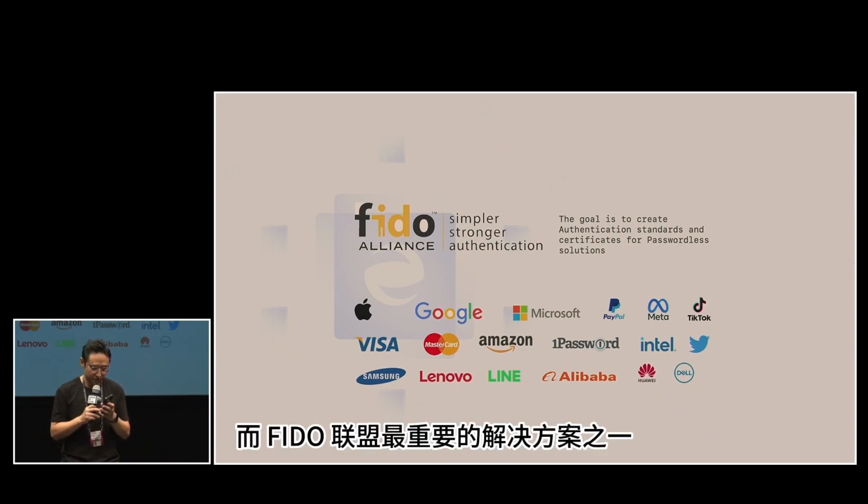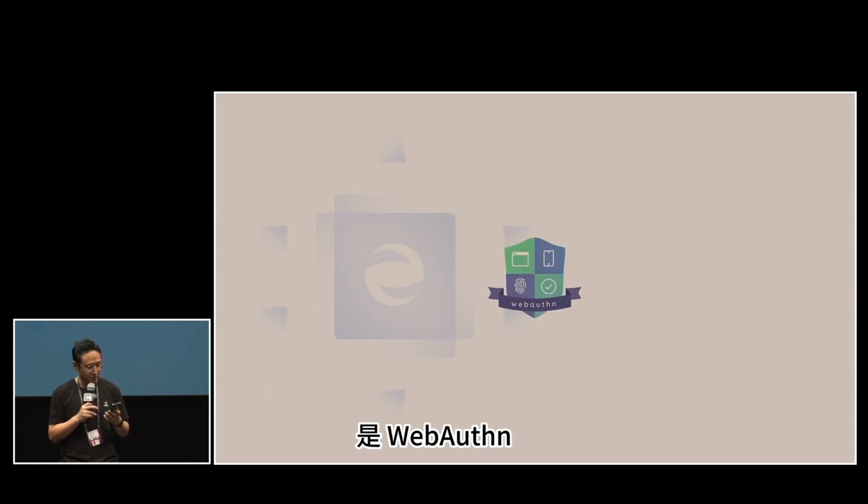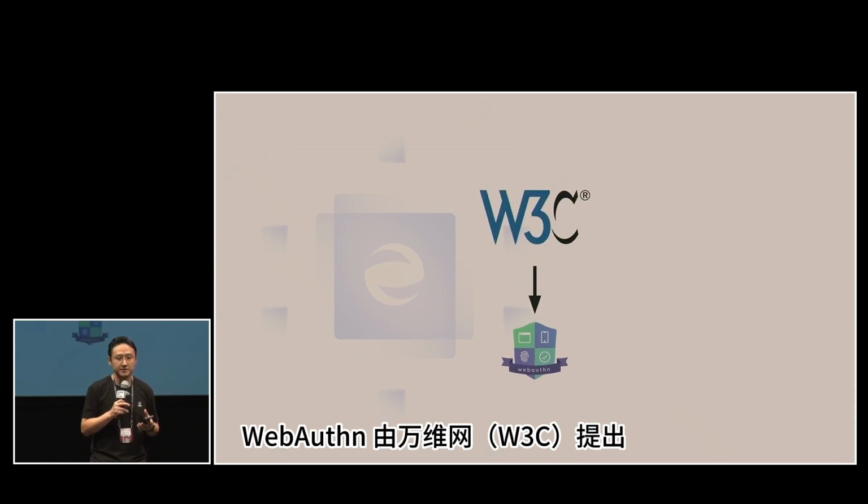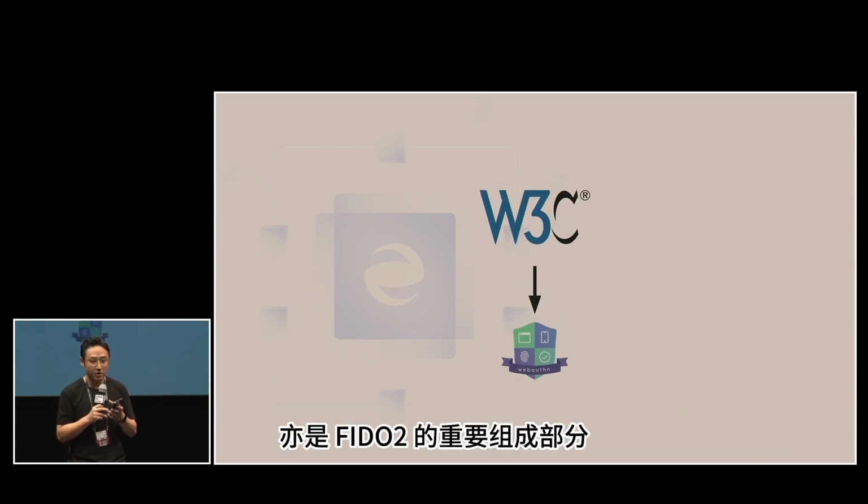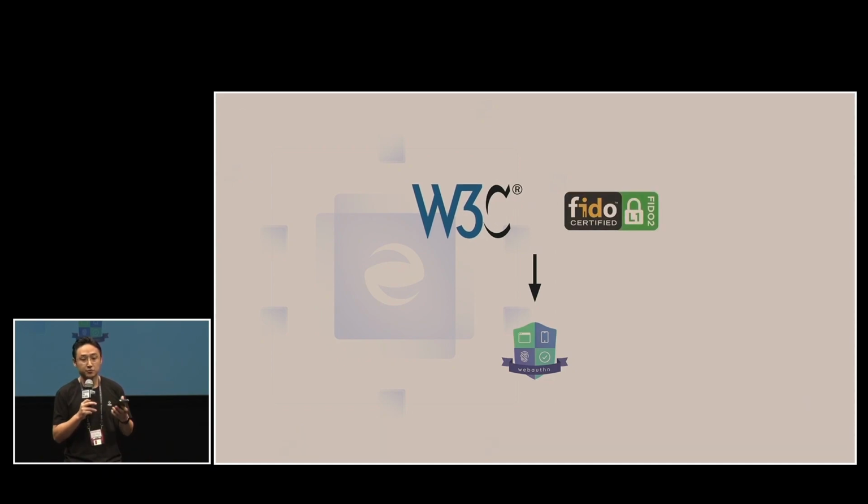One of the most important solutions in the FIDO Alliance is WebAuthn. It was released by W3C, and it's a core part of the FIDO2 project, and of course it supports FIDO2 authentication.